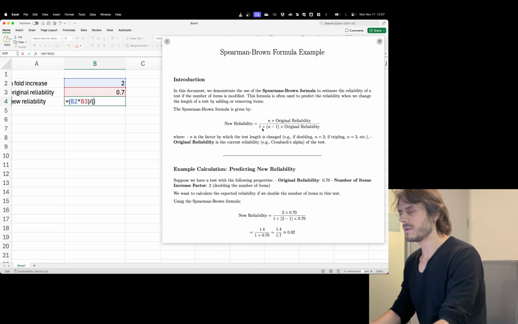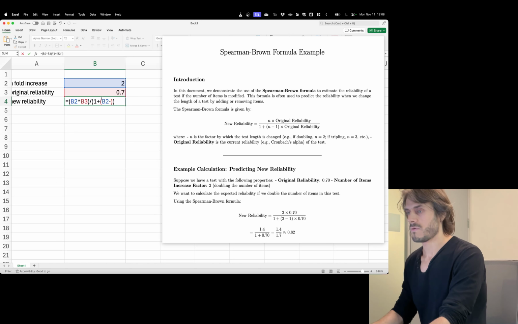I have 1 plus, let's type that, 1 plus, between parentheses, n minus 1. Opening and closing parentheses here. I'm going to put n minus 1. And after this parenthesis here, times the original reliability. So times the original reliability over here.